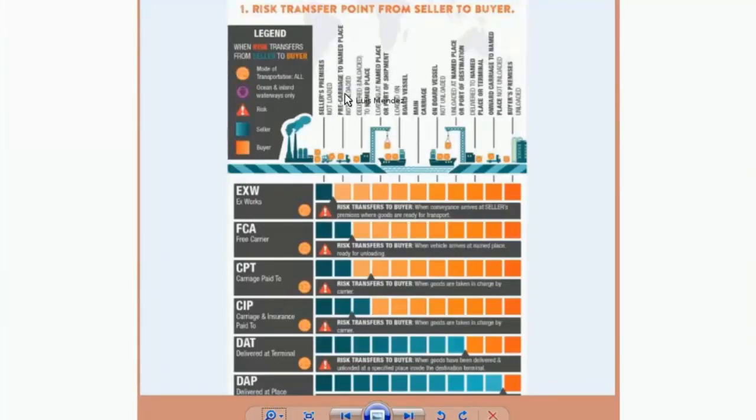So like I told you, we're going to see it divided in two sections. First, the ones that are used for every kind of transport, and then we're going to see the ones that are just for sea transport. Okay, so first the Ex Works, that is EXW. In this case, it is the most basic one. It is considered in here in Peru as a national sale because the seller, the exporter, is not doing anything about customs or international matters.